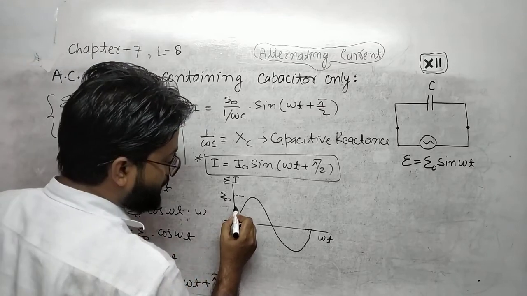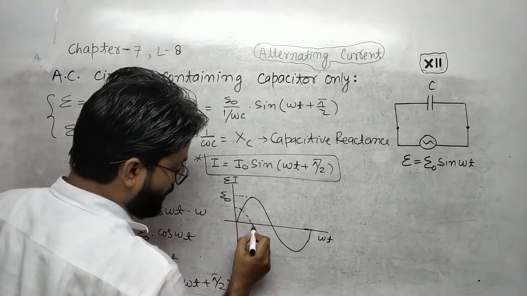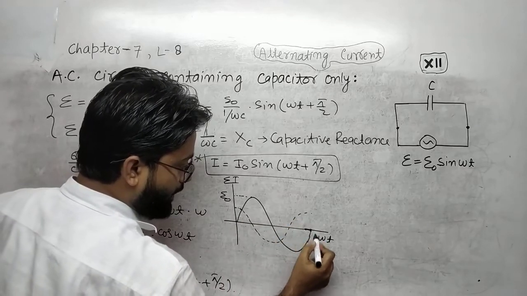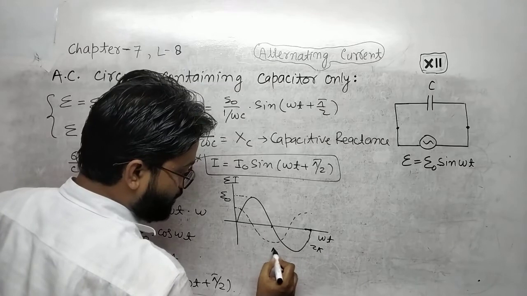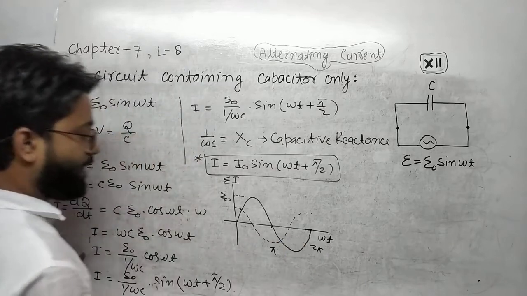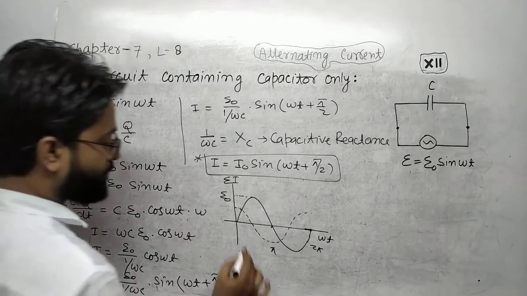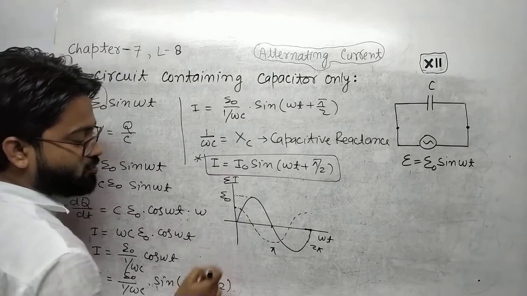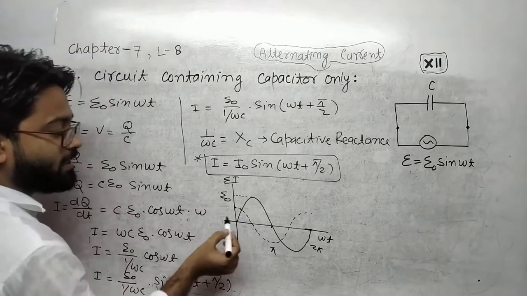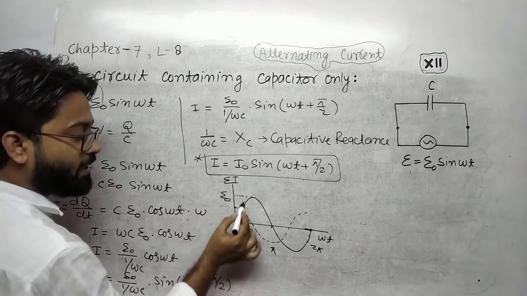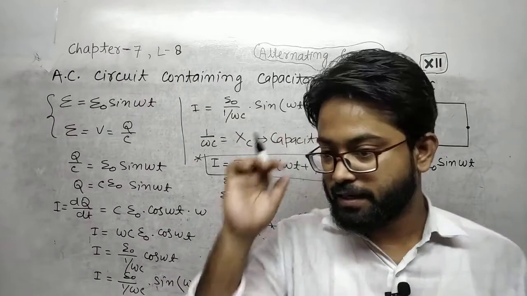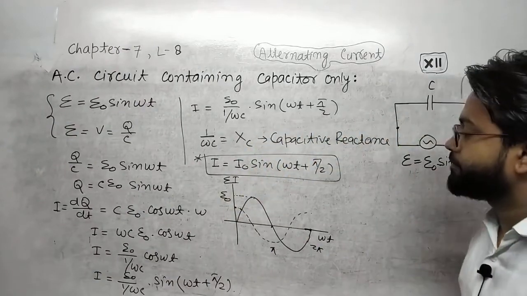The current will start from here like that. It is 2 pi, this is pi, this is 3 pi, and this is pi by 2. Hope you are getting it. Here you will see that the current is maximum at 0. Current is maximum, that means current is leading and voltage is lagging.